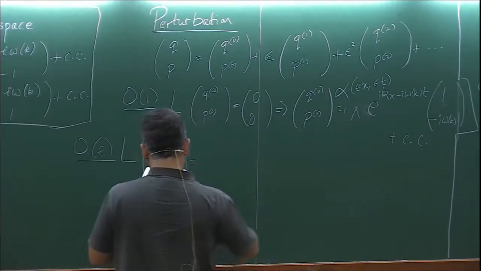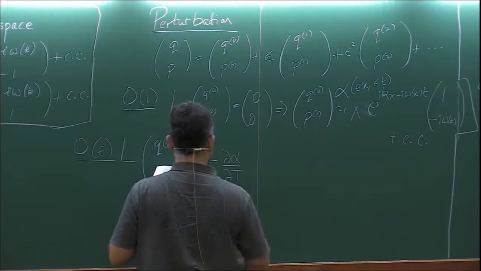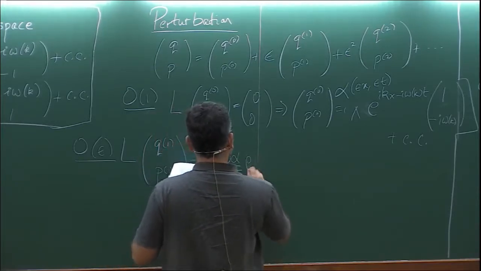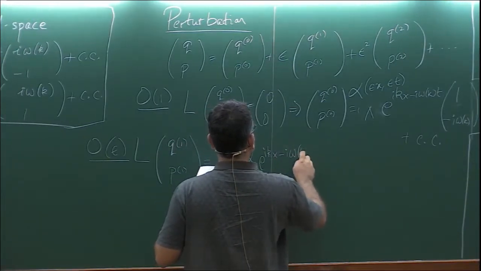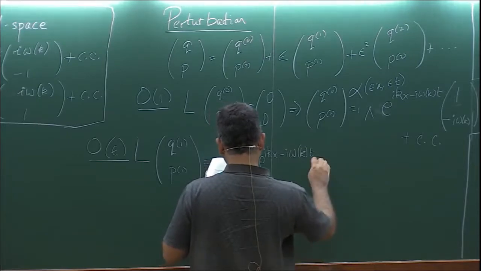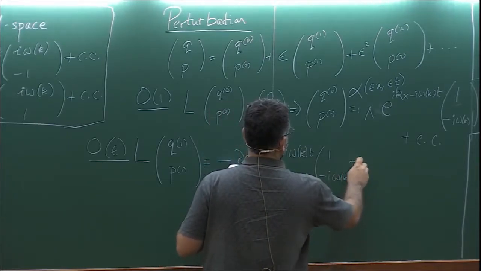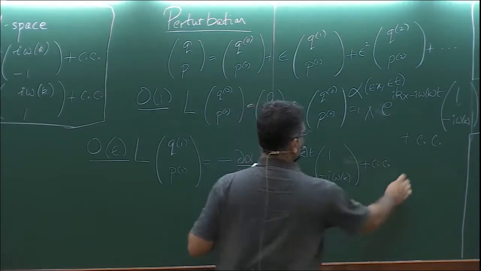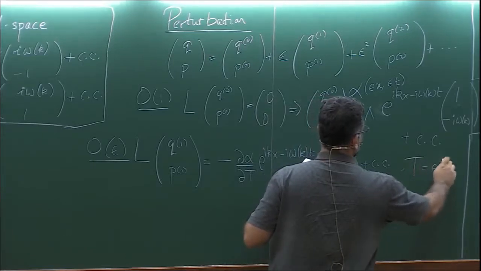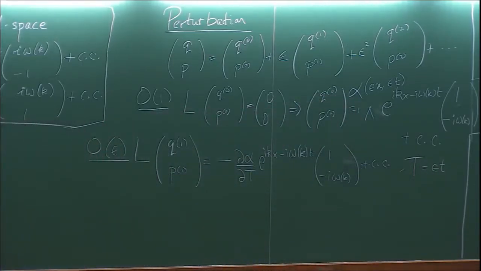So if I put it to the other side, I get minus d alpha d capital T, e to the ikx minus i omega of k little t, times (1, minus i omega of k), plus complex conjugate. Capital T is epsilon little t. I'll get that term for sure.